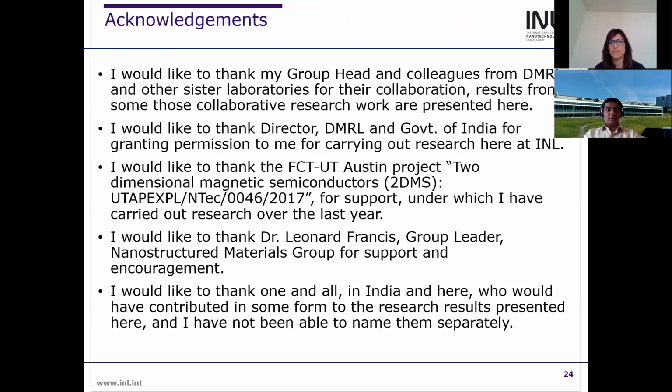Then I'd like to thank the FCT UT Austin project, under which I have worked on these 2D magnetic semiconductors. I'd like to thank Leonard for all his constant support and encouragement. And finally, I'd like to thank the others whom I have not been able to name separately, but who have contributed in some form or the other to the results that I have shown here.